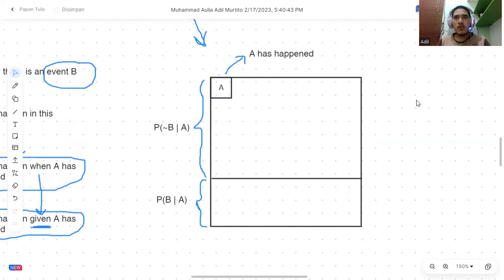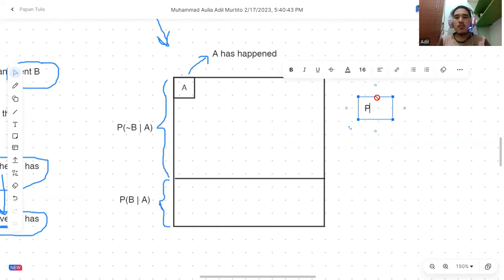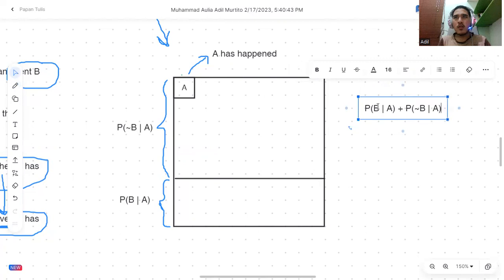And of course, in this space, P(B given A) plus P(negation B given A) is equal to 1.